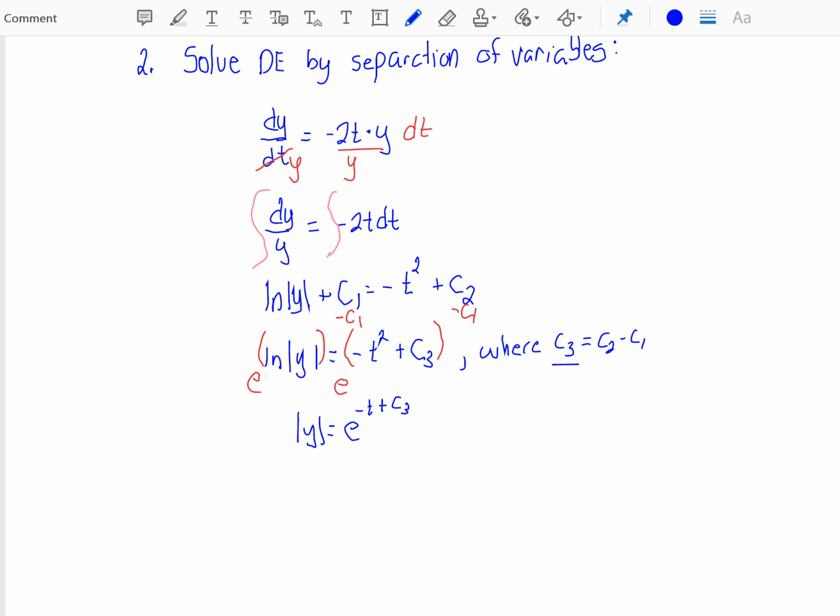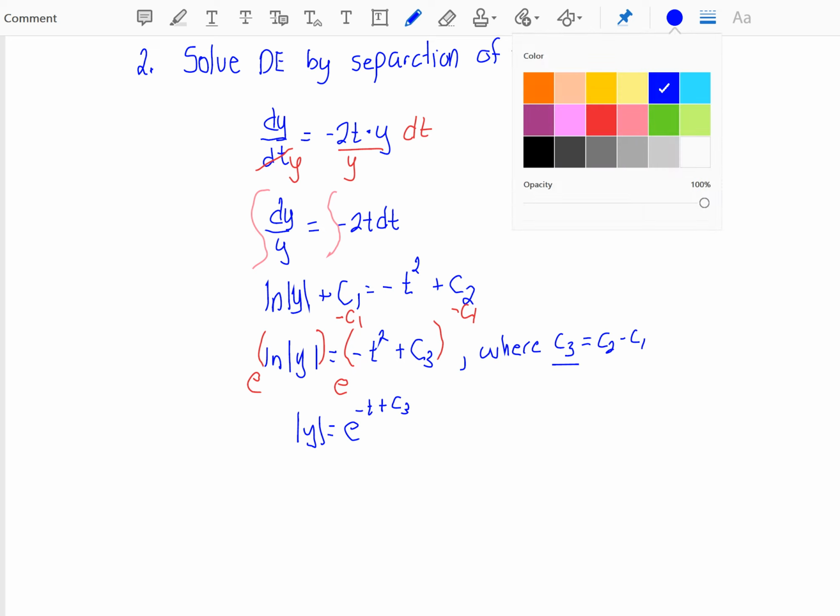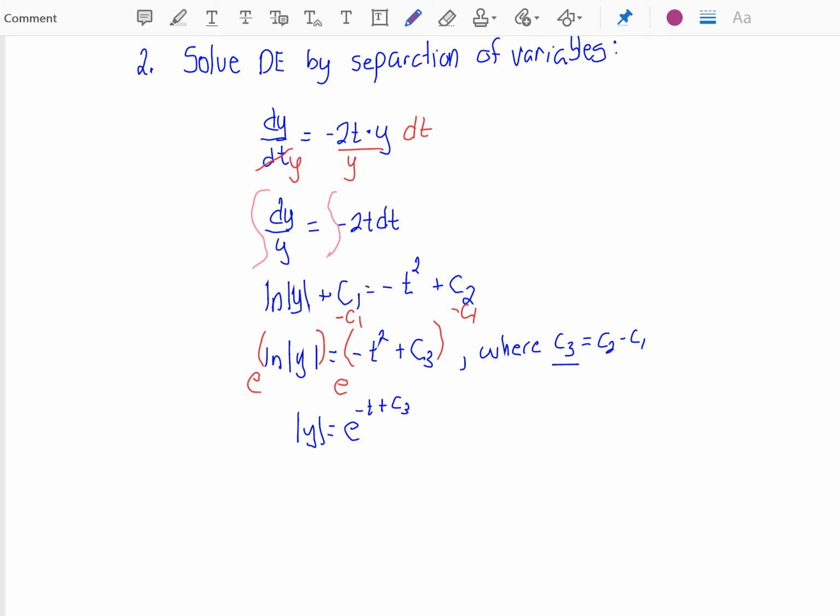C3. Here I want to use an algebraic property that we should remember that says whenever you have one base raised to one exponent times the same base raised to another exponent, and this is a multiplication, we write this as a sum of exponents.